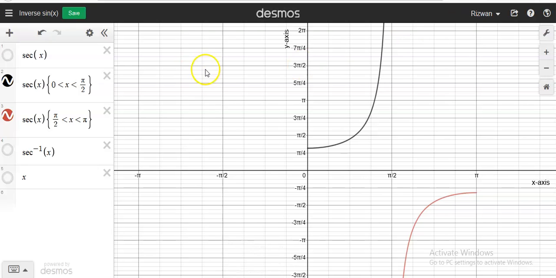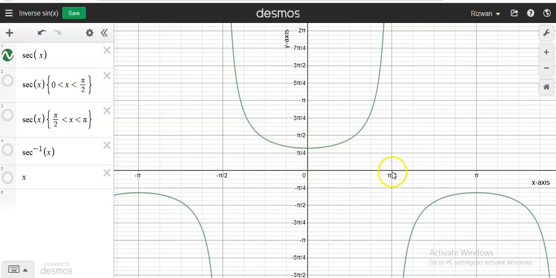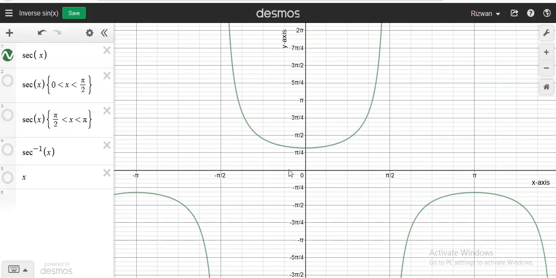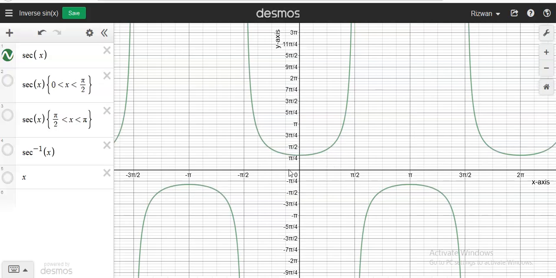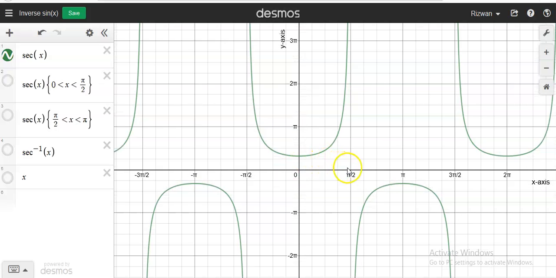So let's go and apply this. First of all, this is the secant x. You can see that at every pi by 2, minus pi by 2, it becomes undefined because here the cos is undefined.